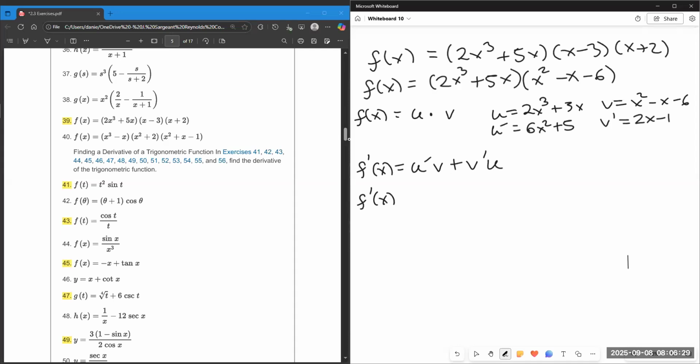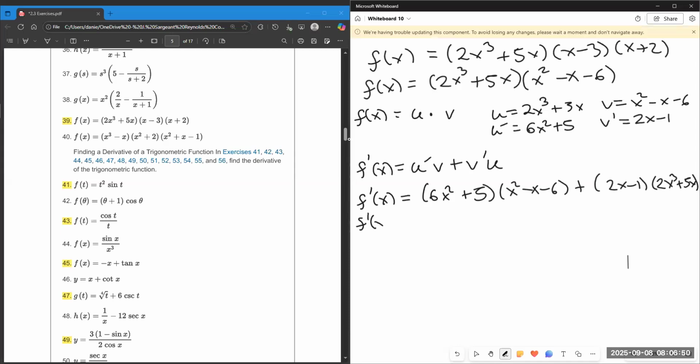F prime is 6x squared plus 5 times x squared minus x minus 6 plus 2x minus 1 times 2x cubed plus 5x.